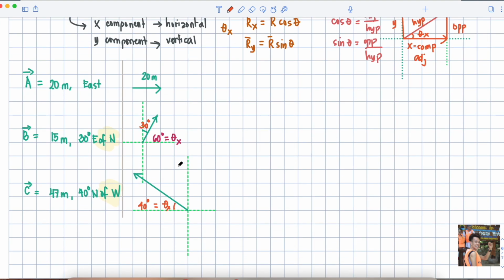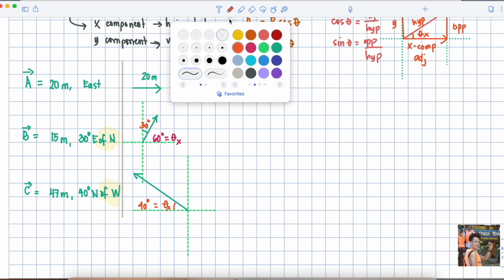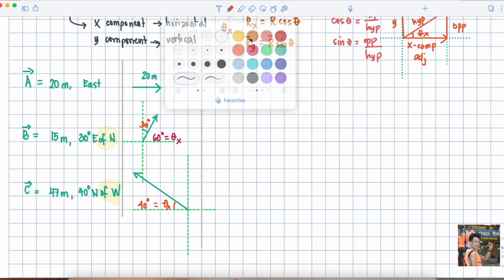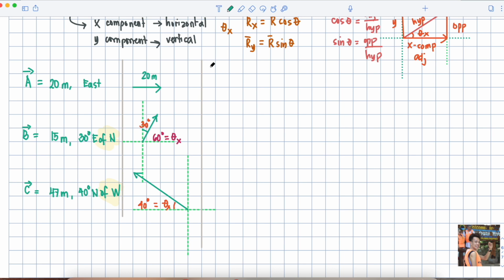Okay, so we had already represented the vectors. Now, let's write the measurement of the angle that is measured from the x-axis. Since this vector is lying on the east direction or along the x-axis, this vector makes a 0-degree angle with respect to the x-axis.